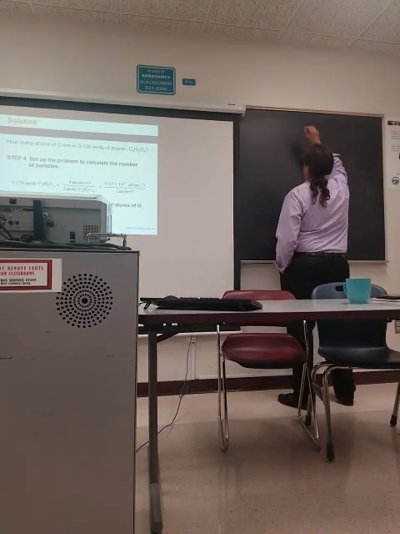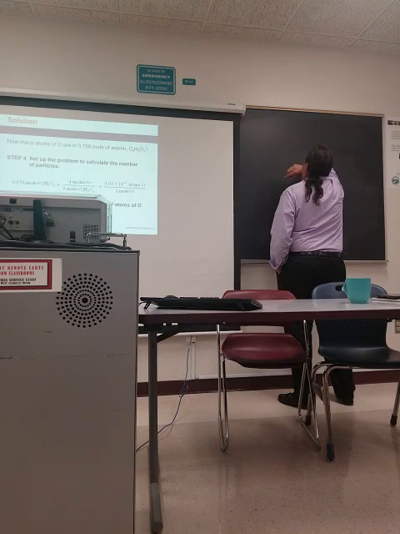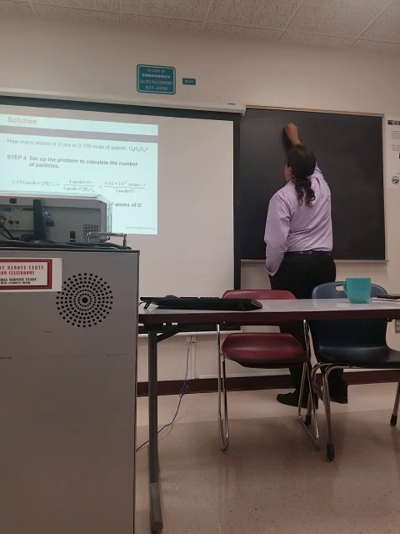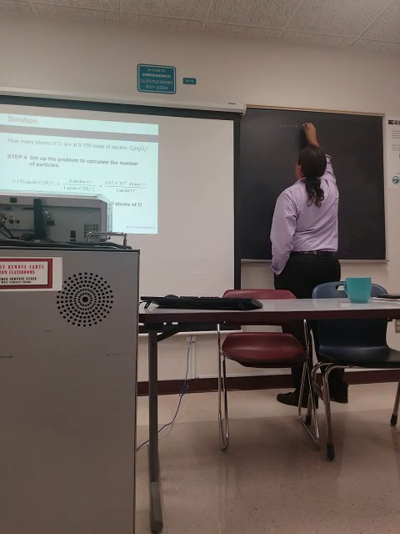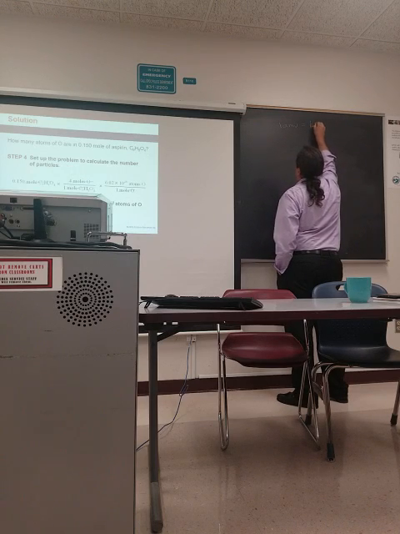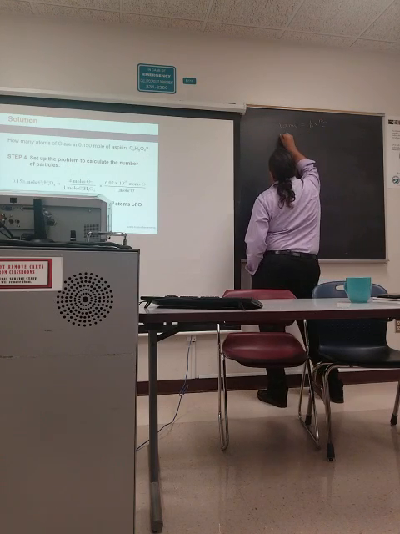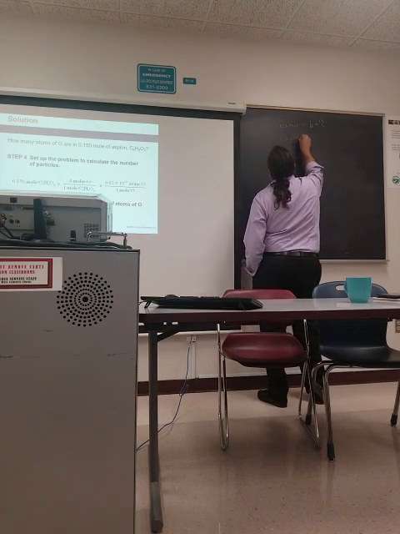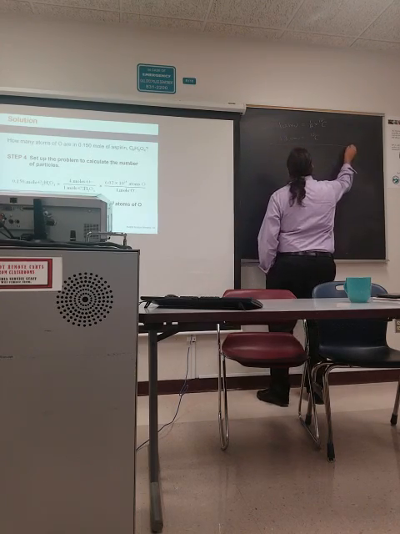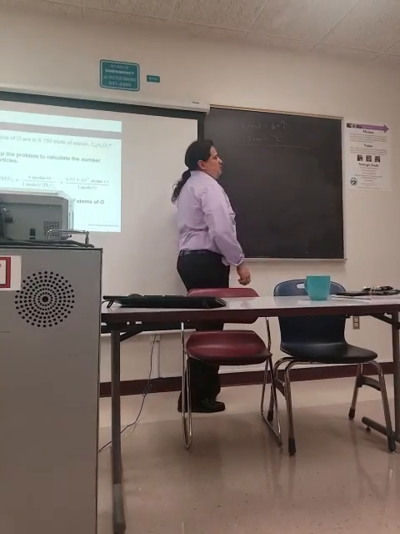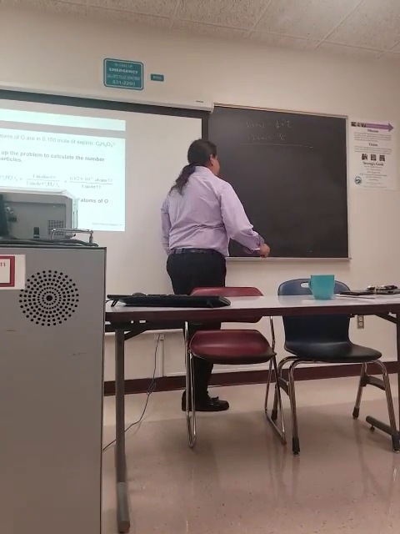Remember that all of this started back in chapter 3, I believe. We defined the AMU as 1/12 the mass of the carbon-12 isotope. Carbon-12 has an exact mass of 12 AMU.